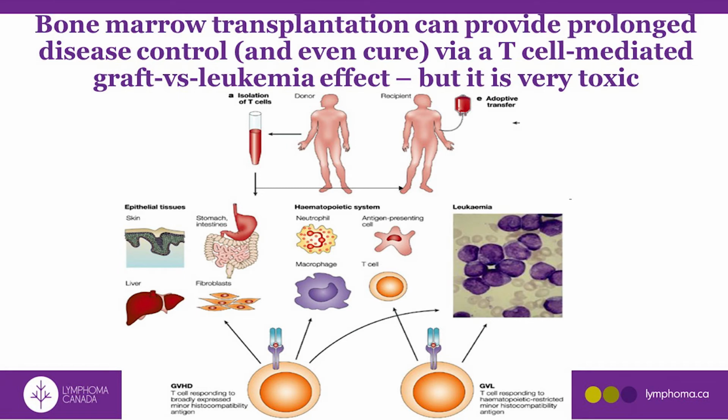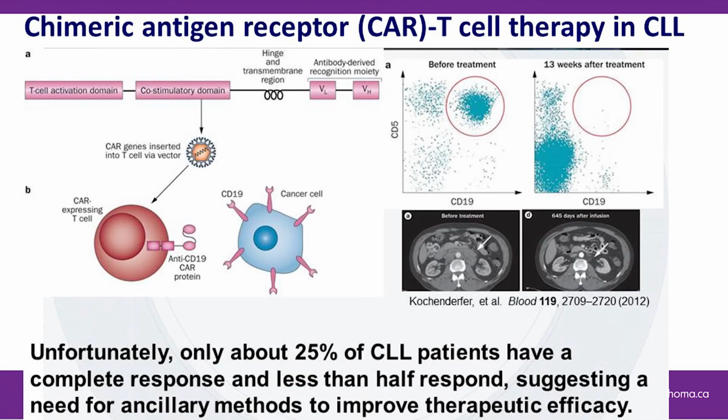So what's done is that those T cells are genetically engineered to express an artificial protein that's made up of two parts. One is a part that's engineered to bind to a structure on the CLL cell, and the other part is a signaling molecule.